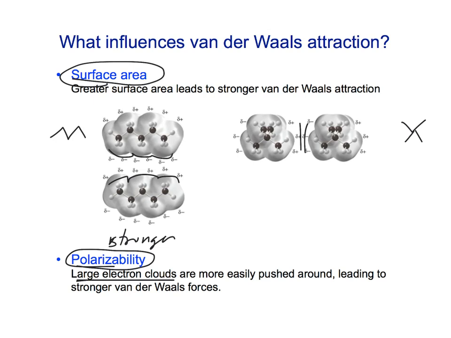So for example, if we have an iodide, so iodomethane, versus a chlorine, so chloromethane, this iodide here is much larger, and so it's much more polarizable, and so this would have stronger van der Waals.